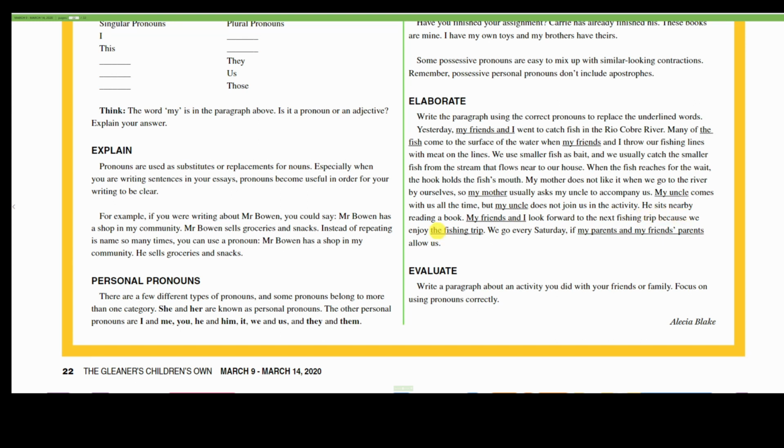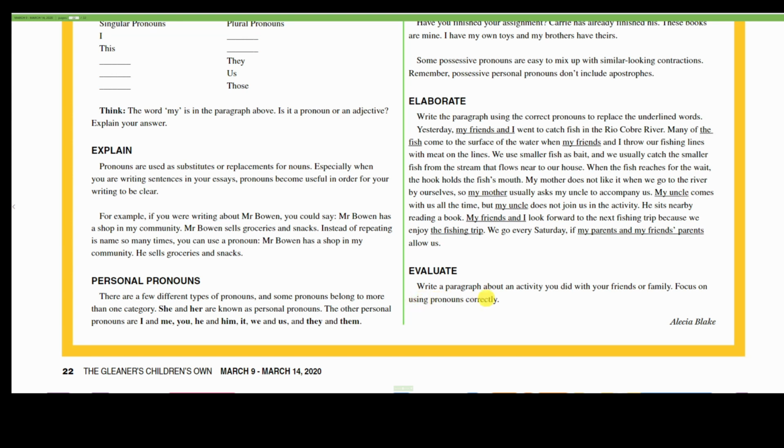He sits nearby reading a book. My friends and I look forward to the next fishing trip because we enjoy the fishing trip. Maybe we could say we enjoy it. We go every Saturday if my parents and my friends' parents allow us.